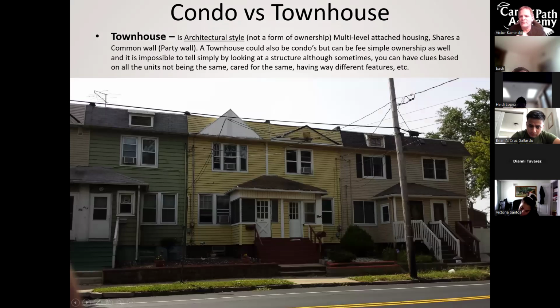These are 100-year-old townhouses in my town, on Stiles Street in Linden. They have alternating color patterns. You could have condominiums with alternating color patterns as well. There are 2 units per building here, but look at this. If you look closer, they have different doors, different railings, not just a different look or color but different types.